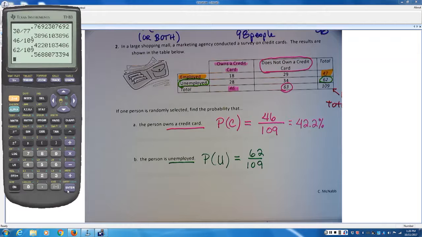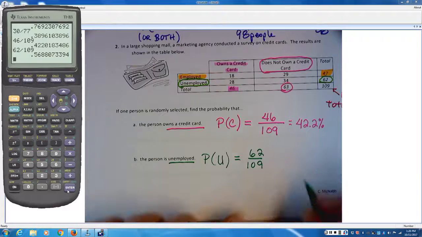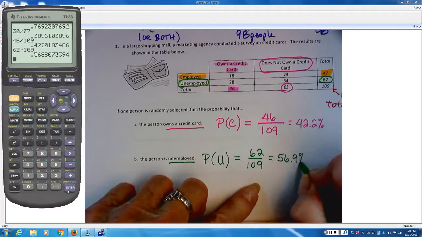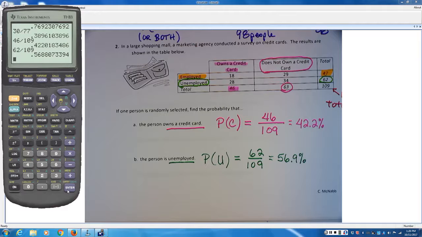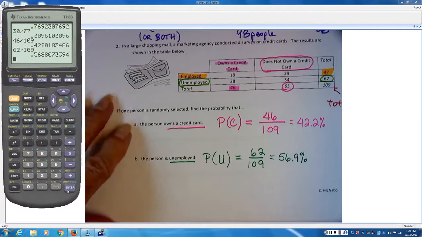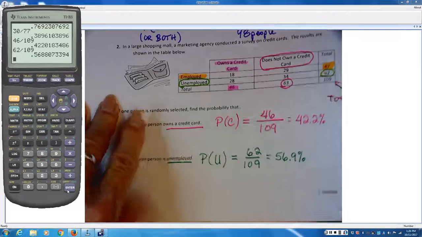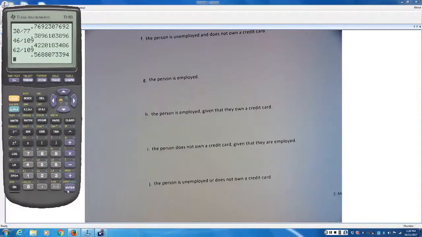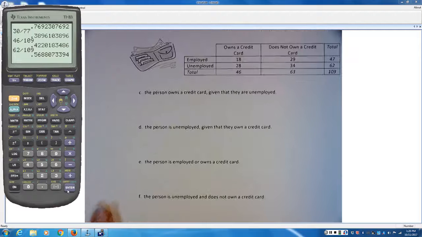So that's 56.9%. Okay? Still analyzing the same information.